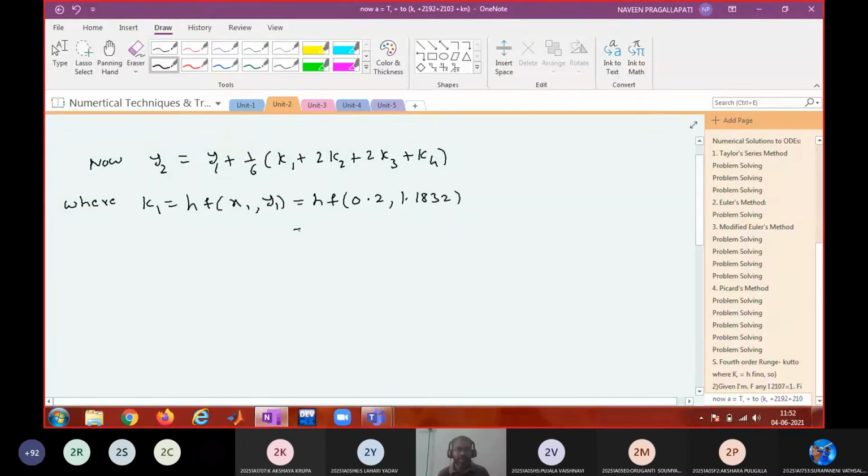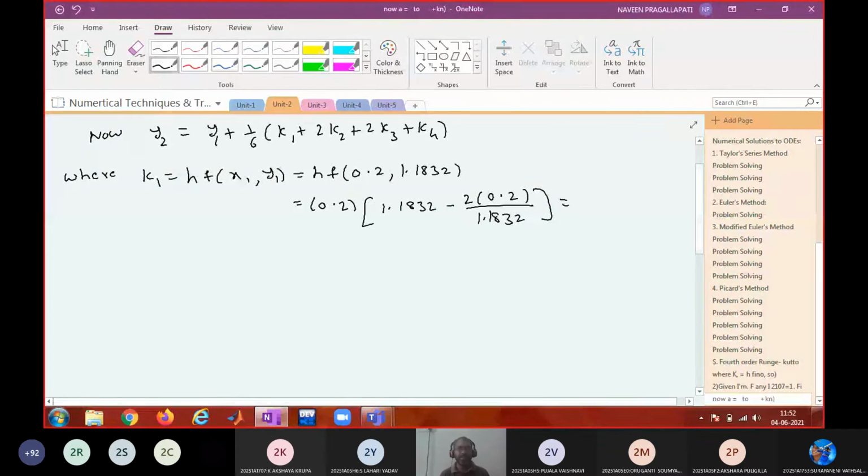So this is 0.2 into y minus 2x by y, which is 1.1832 minus 2 into 0.2 by 1.1832. Find out. 0.1690.